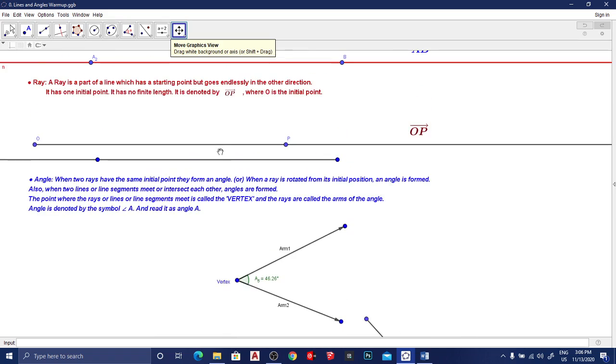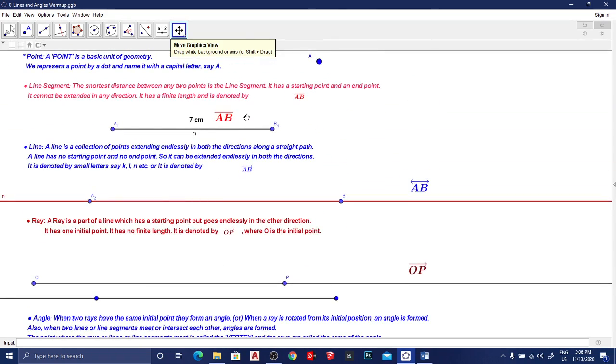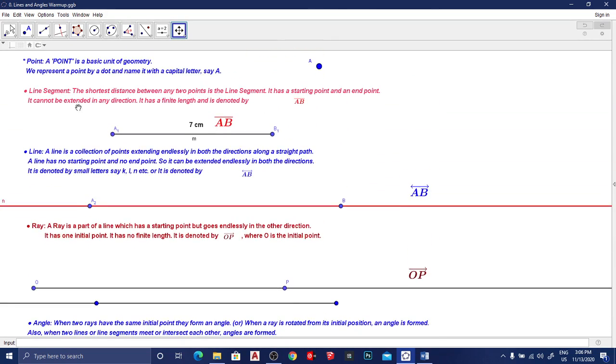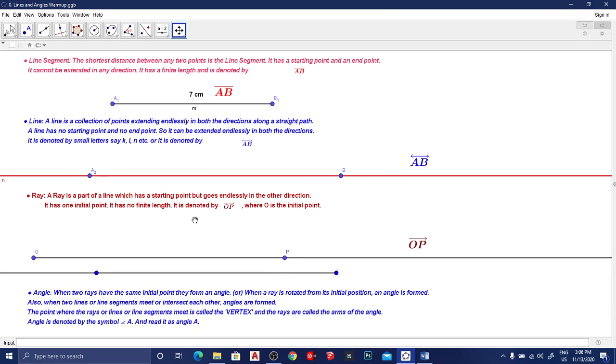The first one is point, which is a basic unit of geometry. Second is a line segment, which has a finite length, a starting point and an ending point. Next is line, which has no starting point and no ending point, and extends endlessly in both directions along a straight path.